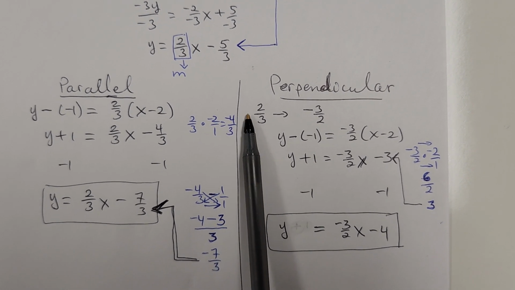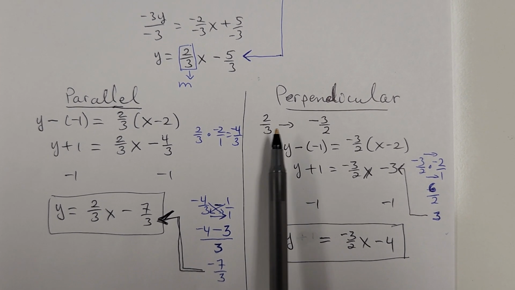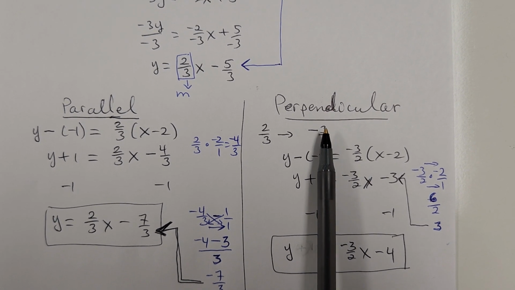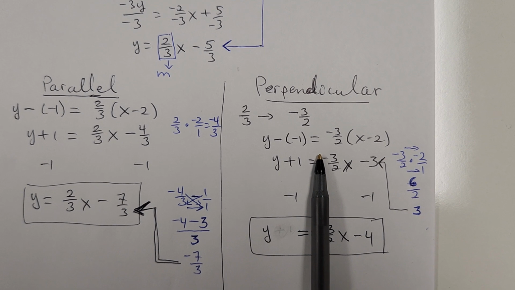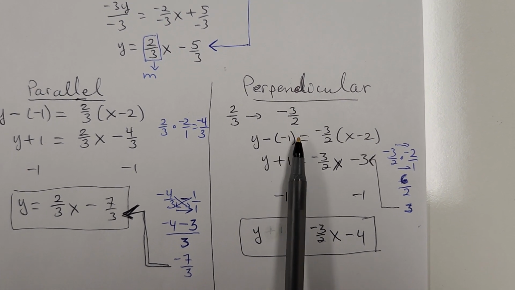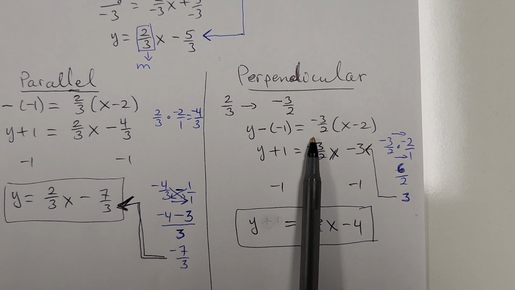You will use this new slope, negative 3/2, to find the perpendicular line.